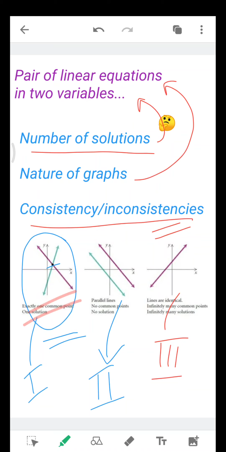This is for unique, this is for no solution, and this is for infinitely many solutions, and these lines are called coincident lines. What do we call these lines? Here you can see only a single line, but actually there are two lines. Coincident means one line above another line. One line is there, then again one more line on the same. They are called coincident lines.